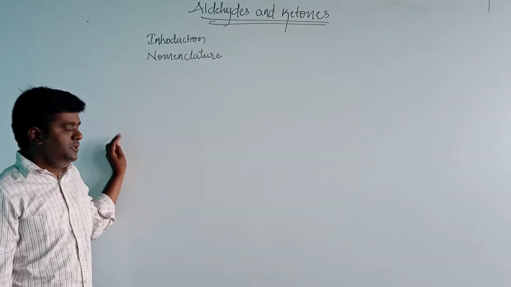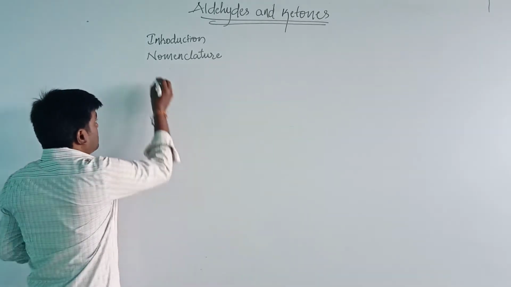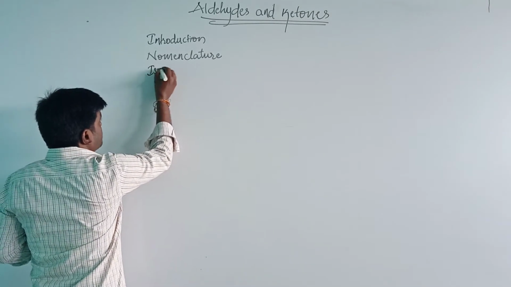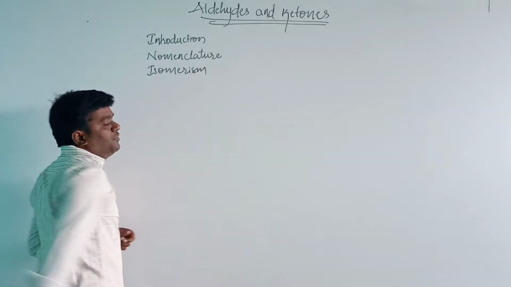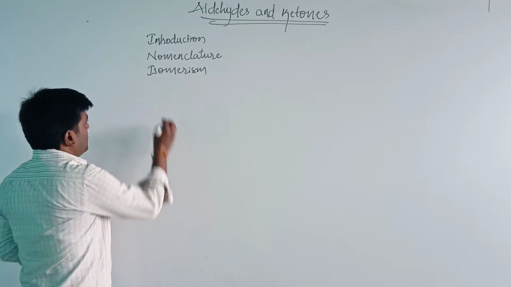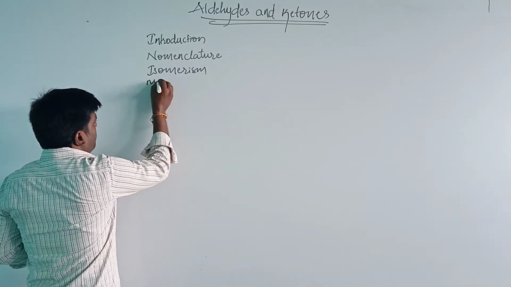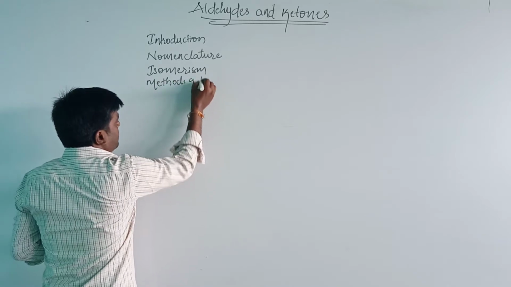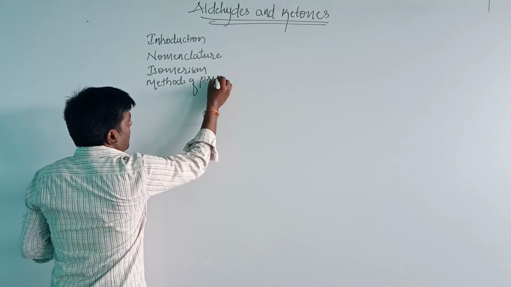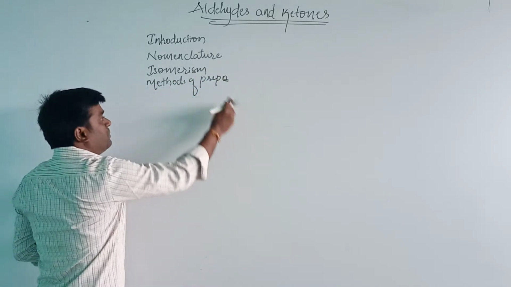Second one is nomenclature. Third one, isomerism. And fourth one, methods of preparation, that is methods of preparation for the aldehydes and ketones combined.